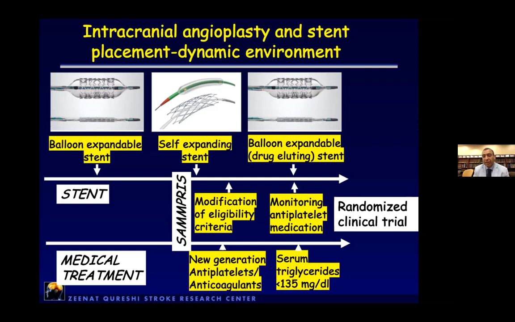There has been increasing emphasis on not just treating the LDL cholesterol, but also treating serum triglycerides and maintaining them to a value of less than 135 milligram per deciliter. So that will also make medical treatment more effective. So as we plan for the next randomized trial, we have to be cognizant that both stent placement and medical treatment have been dynamic and have been evolving since the original SAMMPRIS trial.